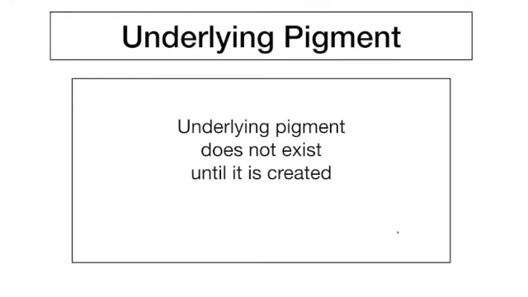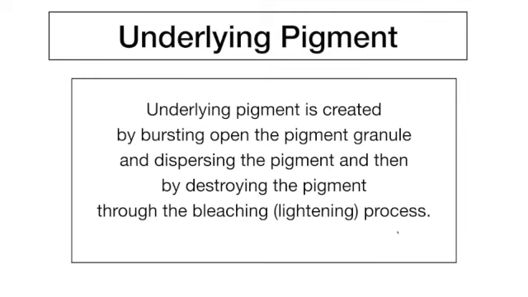Now, underlying pigment. This is so confusing to so many people. Underlying pigment does not exist. It is created by lightening the natural melanin in your hair, and then you see all the stages of lightening.